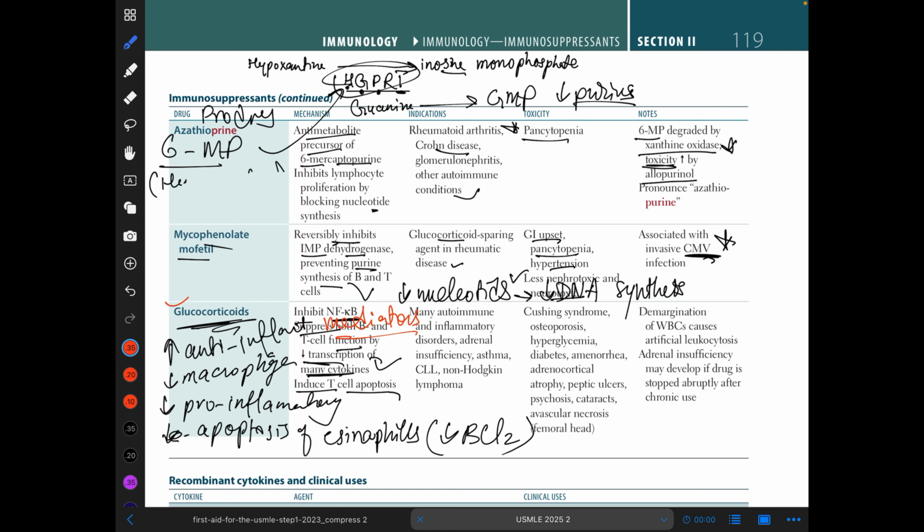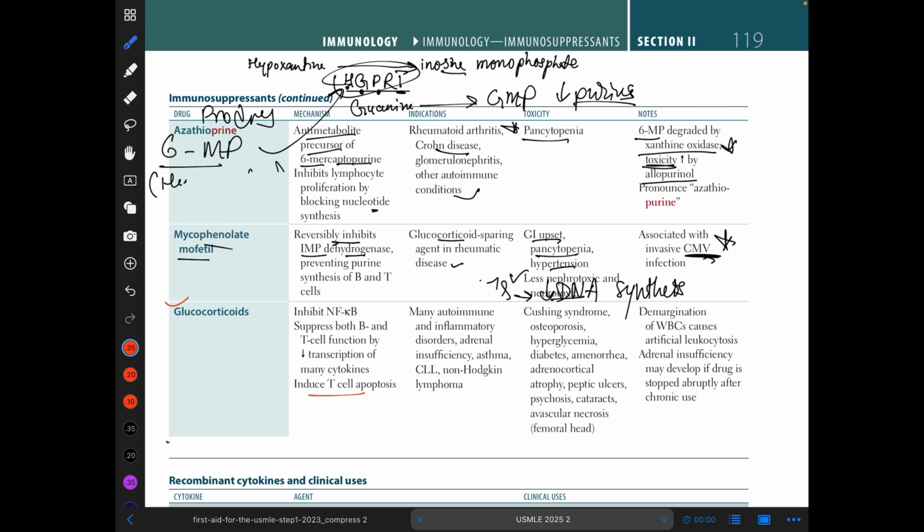So glucocorticoids decrease inflammation by increasing anti-inflammatory mediators like interleukin-10, decreasing macrophage activation, decreasing the pro-inflammatory mediators, and increasing the apoptosis of eosinophils by decreasing BCL2 expression.